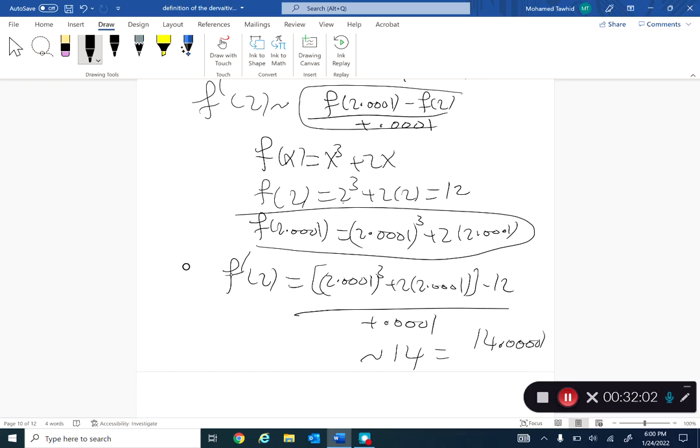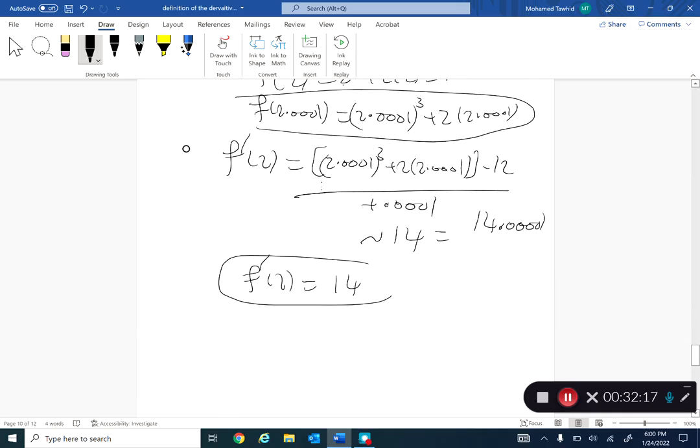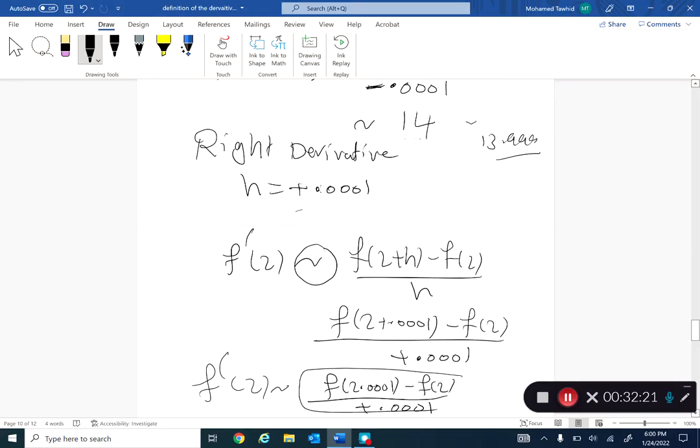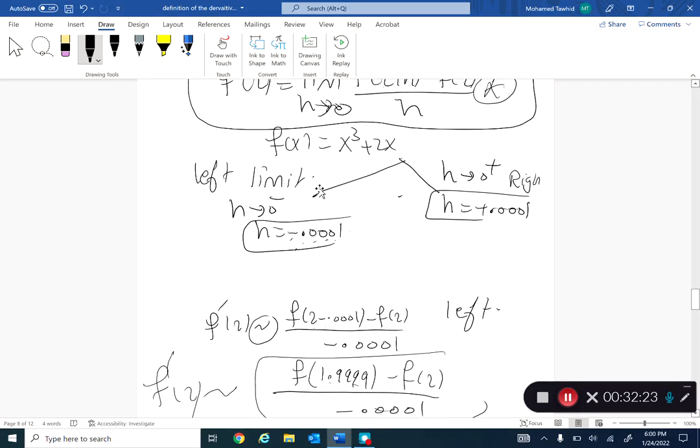As you can see, your left derivative equals 14 or almost 14, and your right derivative is almost 14. Your derivative here is 14, almost 14. Why? Because for your left derivative, when I took h close to 0 from the left, you get 13.999, which is almost 14.